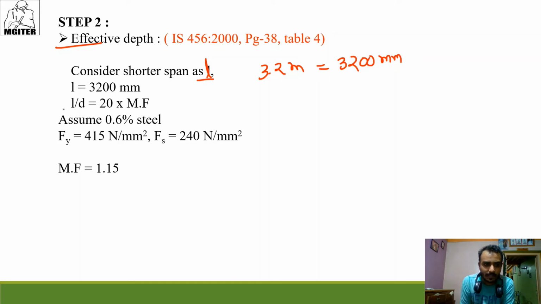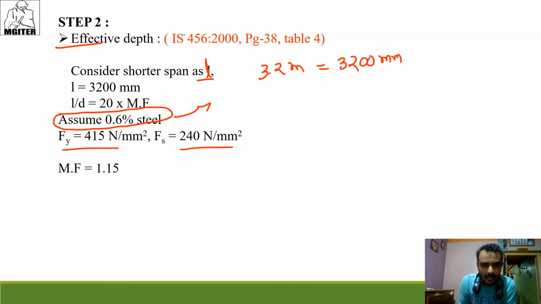L by D is equal to 20 into MF. We have to find out D. MF is missing. Assume 0.6% steel. This data can be assumed. 0.6% steel, fy 415, fs 250.